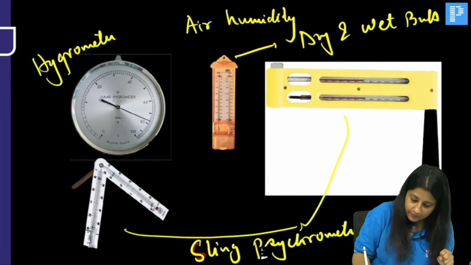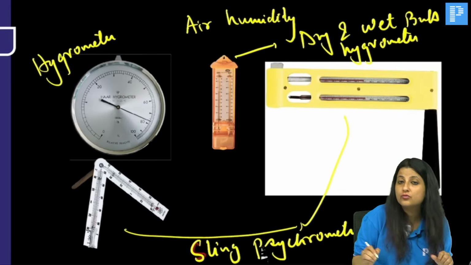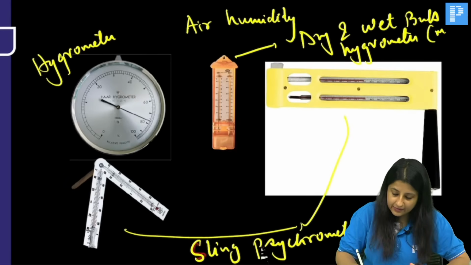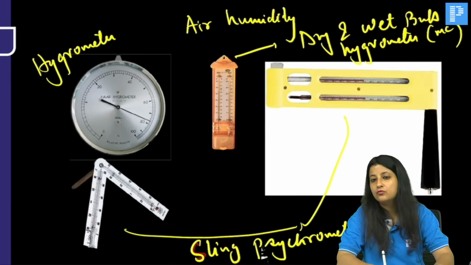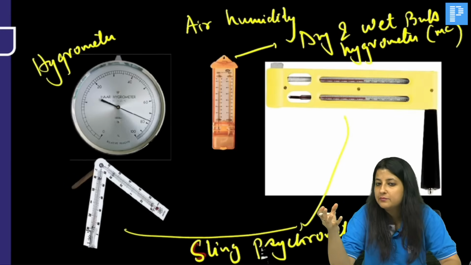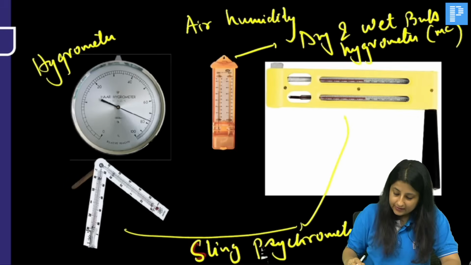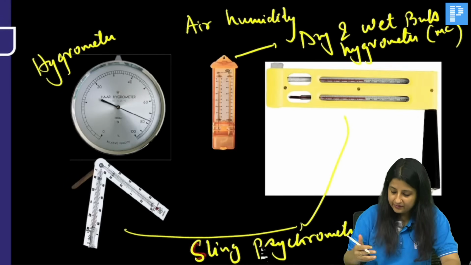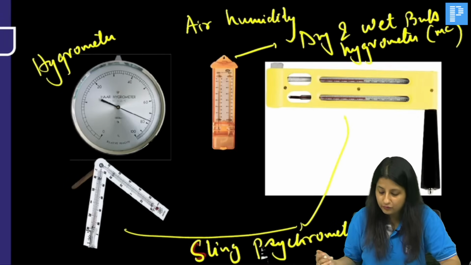Dry and wet bulb hygrometer is the most common, guys. Don't write dry and wet bulb thermometer, because if you write thermometer, it measures temperature. Clear? There's one more, the Assmann psychrometer. The image is missed over here. You can check it out in LRRs.